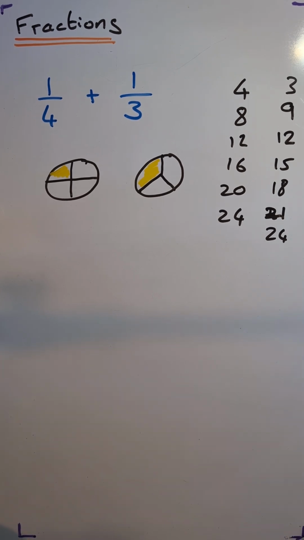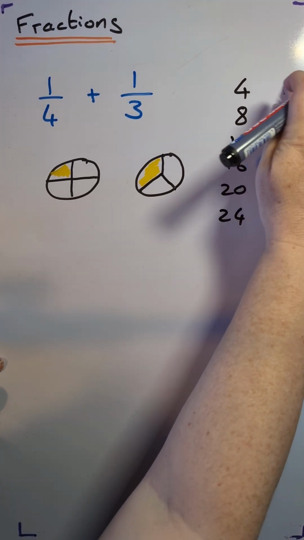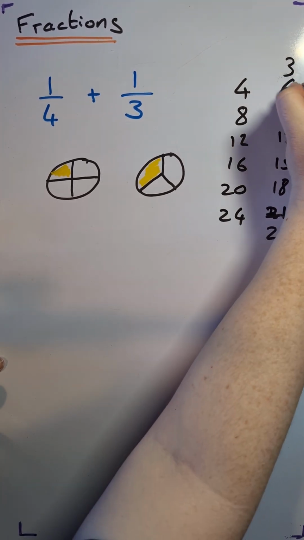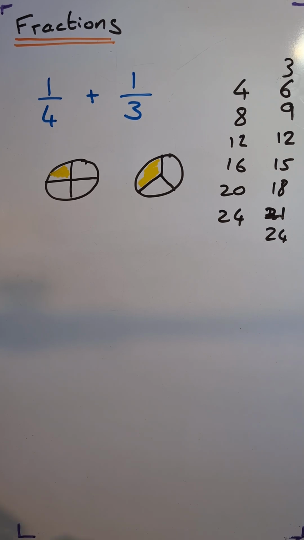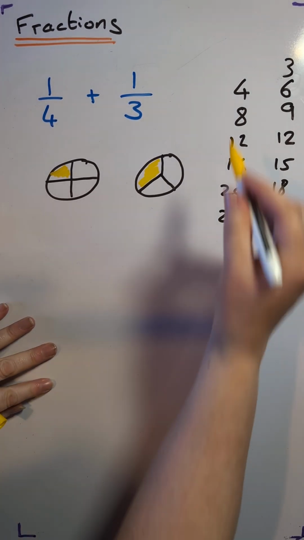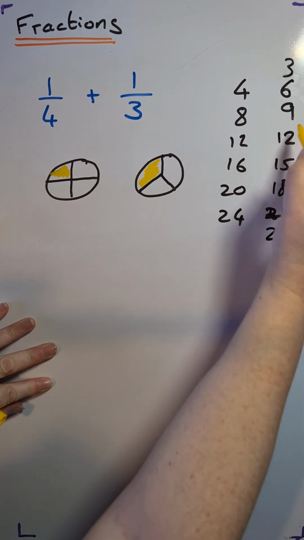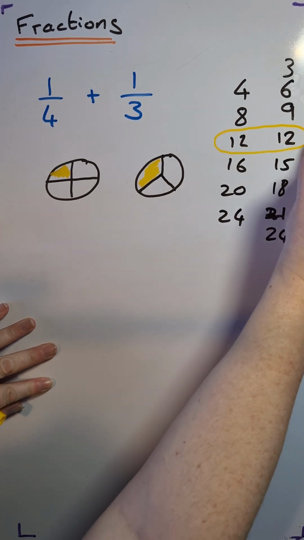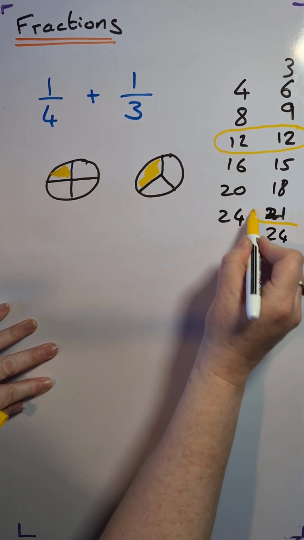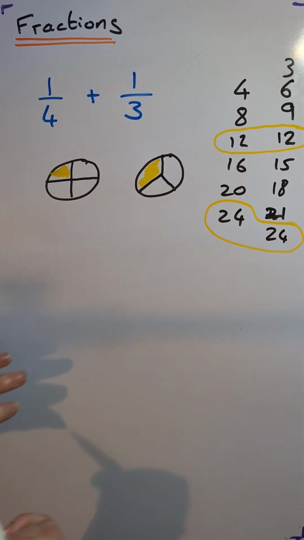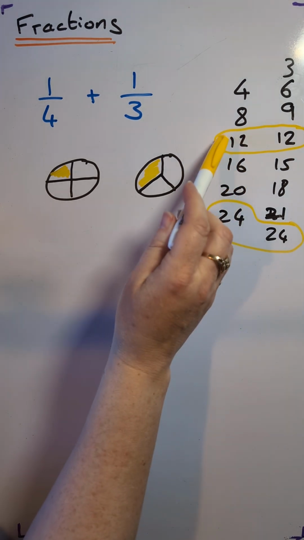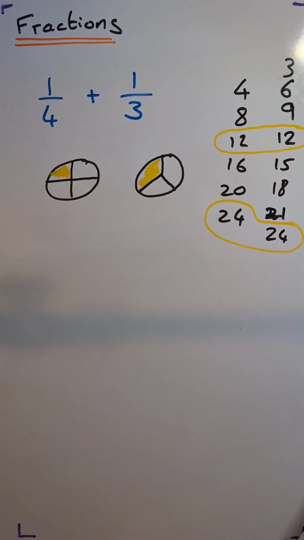Right, we're looking for places where they meet, and I realise I missed 6 as well. This is going to happen a lot through the course. My brain's going on ahead of where I need to be and I will miss things. Just pull me up on it. So the first time these 2 times tables meet is number 12. The next time they meet is number 24. You always want to go for the smallest number if you can.